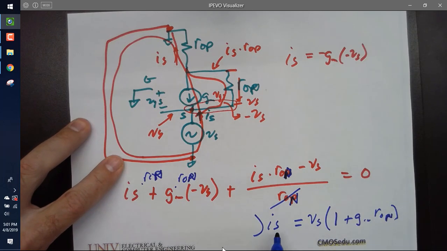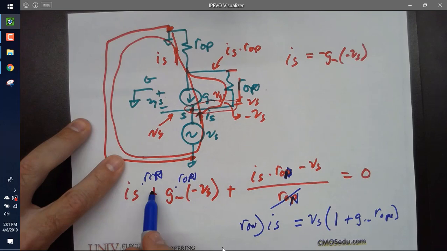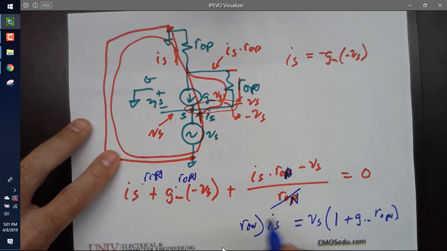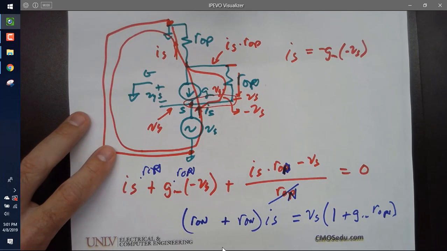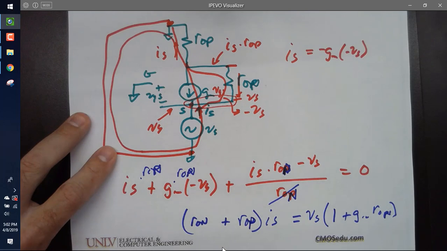And then IS would be times RON plus 1, or plus RON. Looking good? Oh wait, did I mess up again? No! How about that? Does that take care of it?